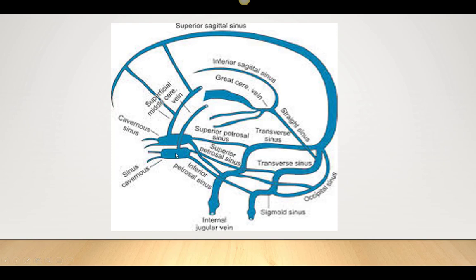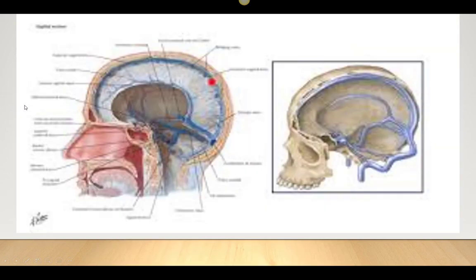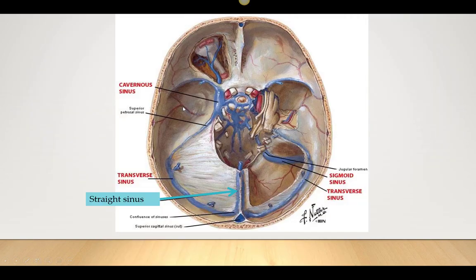As we mentioned, we have around the pituitary gland, you see the better view here, this sinus that you have around the pituitary gland, and we call it the cavernous sinus.